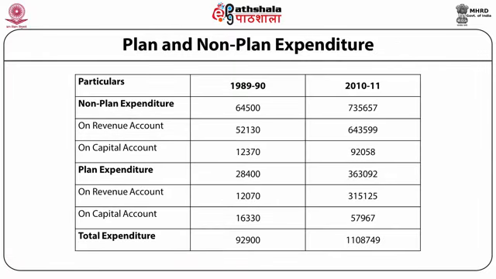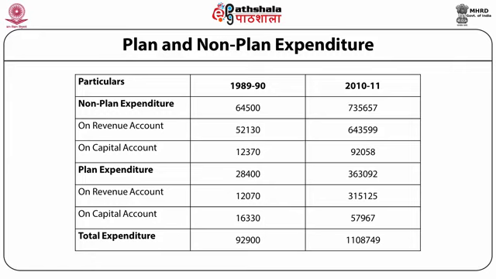We can see from this particular table that the non-plan expenditure on revenue account and capital account has also increased during the period. In 1989-90, the non-plan expenditure was 64,500 crores, which increased to 7,35,657 crores.